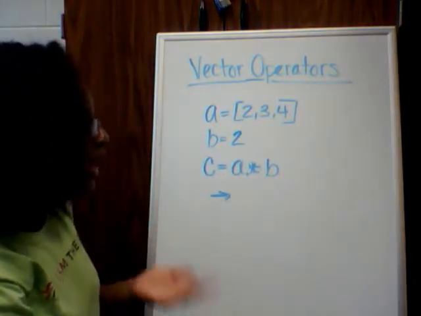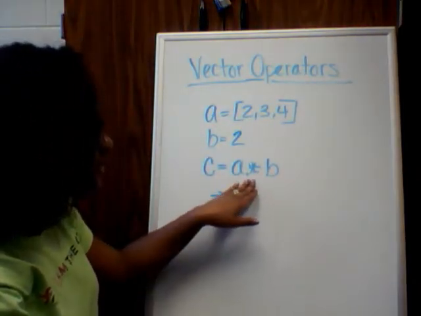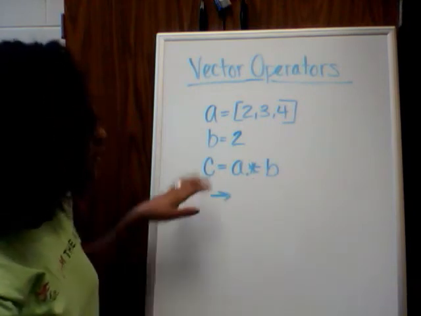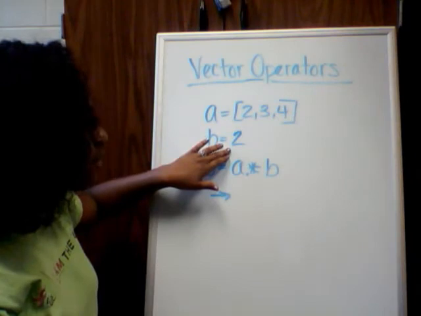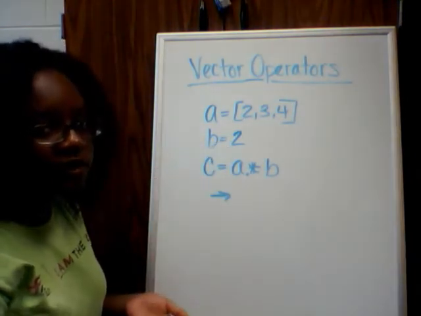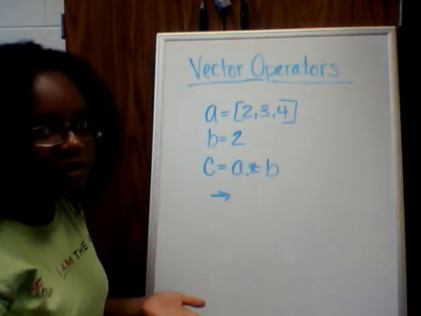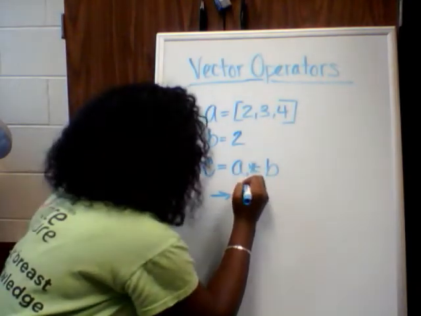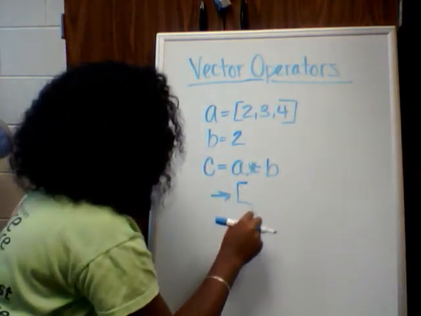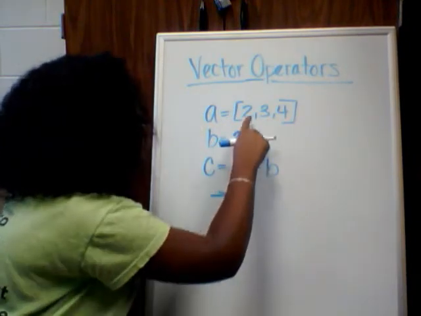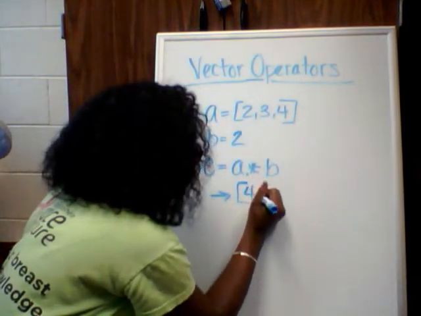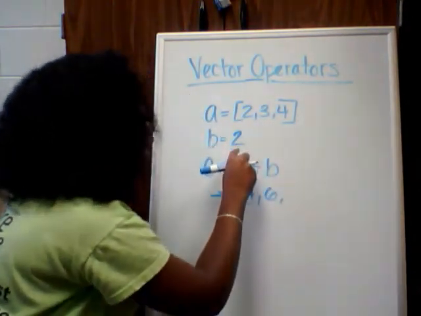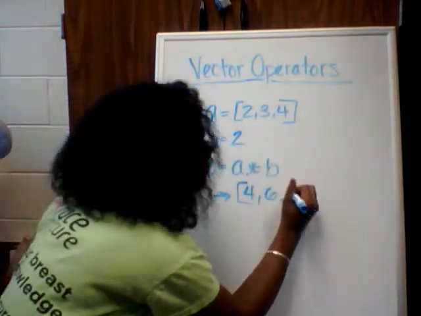But just to stay in the habit of putting the period in front of the operation, it's fine to do it whenever, even with a scalar, so you won't forget later on and get a totally messed up number. So it would get the vector of 2 times 2, which is 4, 2 times 3, which is 6, and 2 times 4, which is 8.